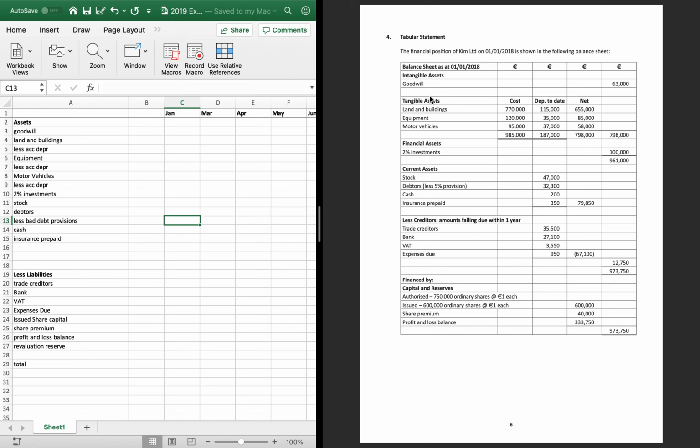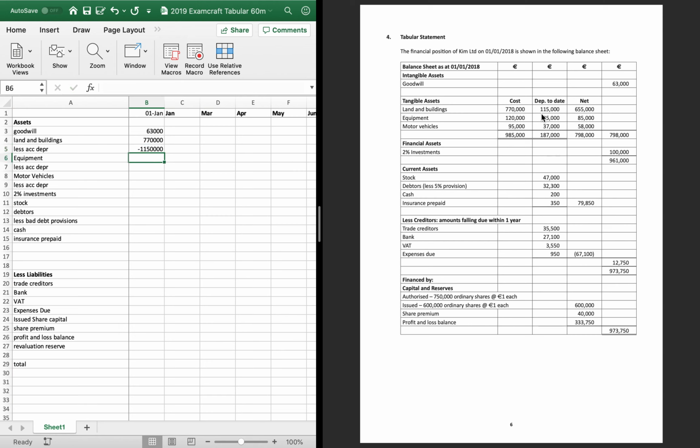So you see here we've got our goodwill of 63,000, so I'm just going to put it in on the first line. Now then our tangible fixed assets, we put in the cost figure and then we always put in the depreciation as a minus.